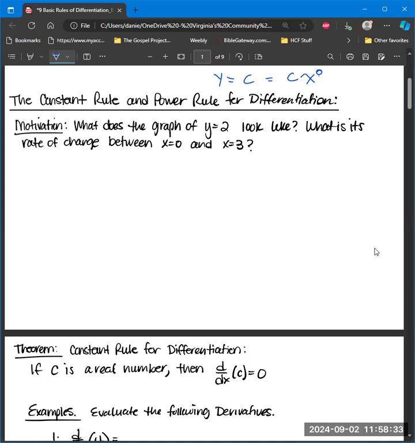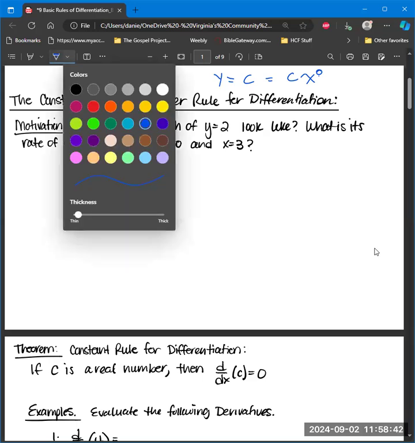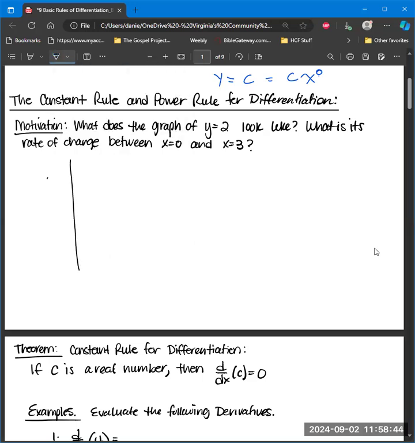So what does the graph of y equals 2 look like? And what is its rate of change between x equals 0 and x equals 3? So let's go ahead and draw a simple graph of that here. Y equals 2, between x equals 0 and x equals 3.